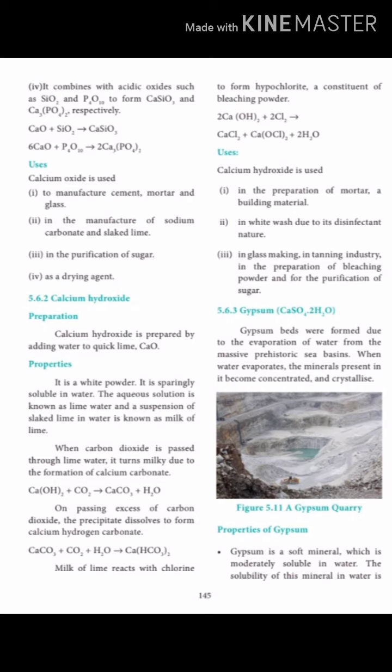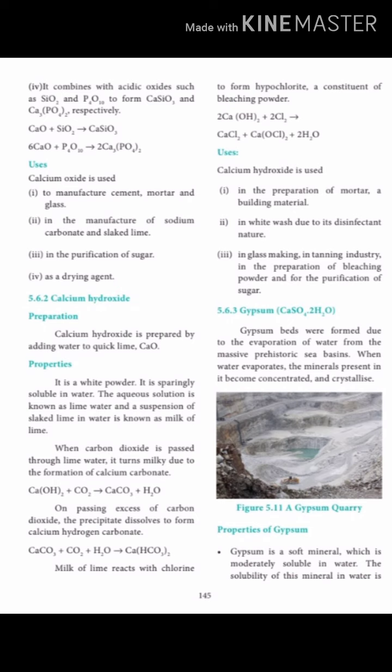Next, properties. It is a white powder. It is sparingly soluble in water. The aqueous solution is known as lime water, and a suspension of slaked lime in water is known as milk of lime. When carbon dioxide is passed through lime water, it turns milky due to the formation of calcium carbonate.